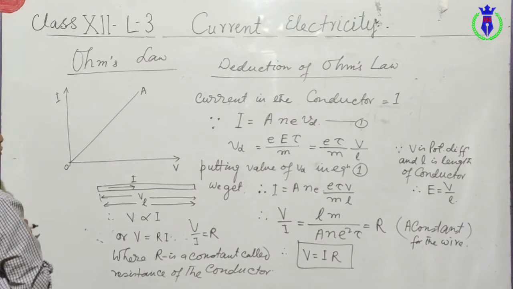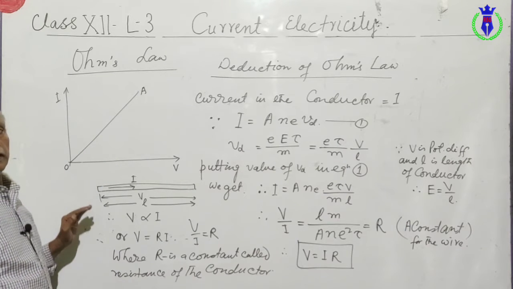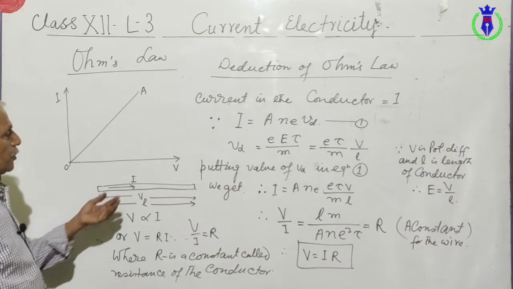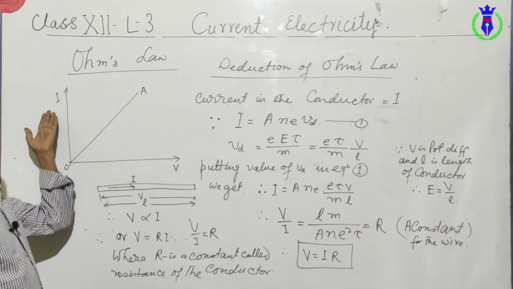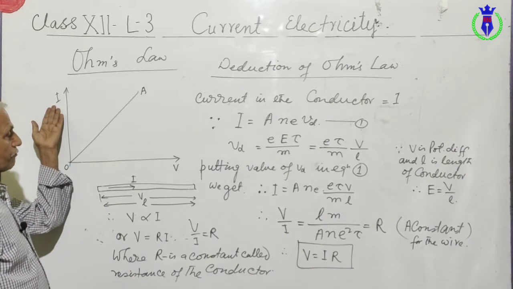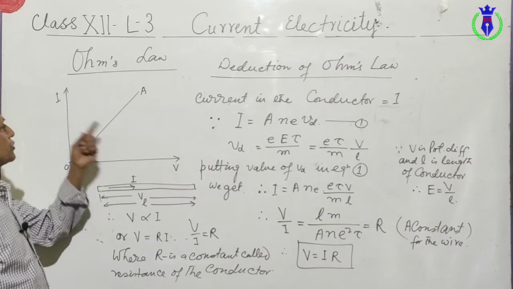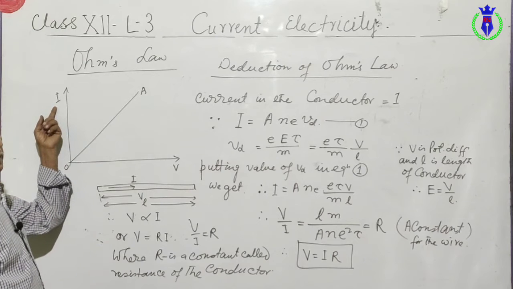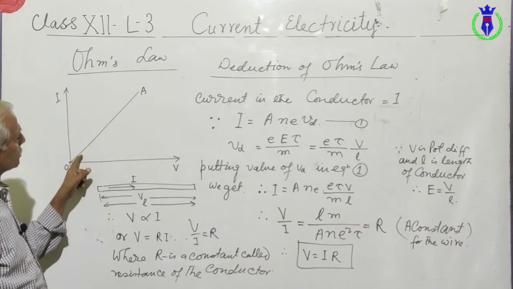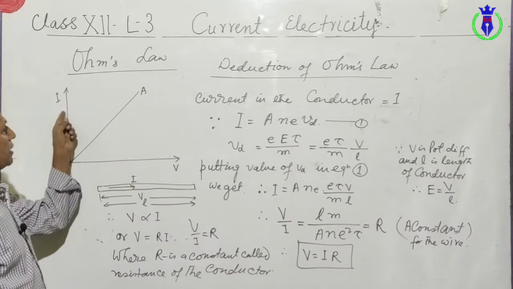A straight line shows that V and I are directly proportional. If V is doubled, I is doubled. If it's halved, it is also halved. So if it is 3 times, then I is also 3 times. And this is the reason why the line representing the relation of V and I is a straight line.